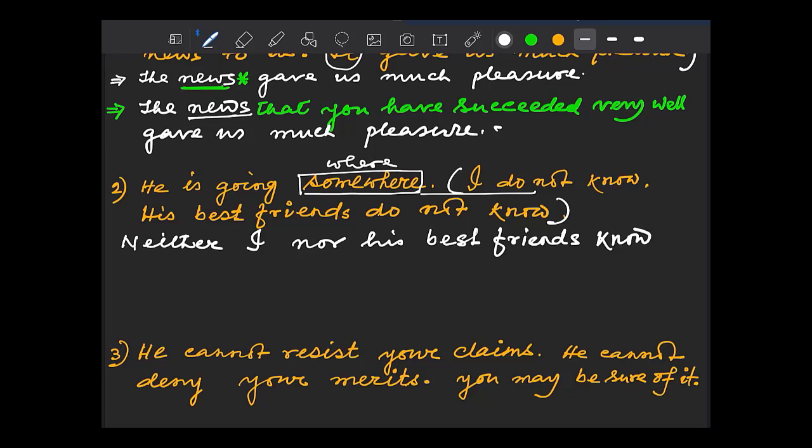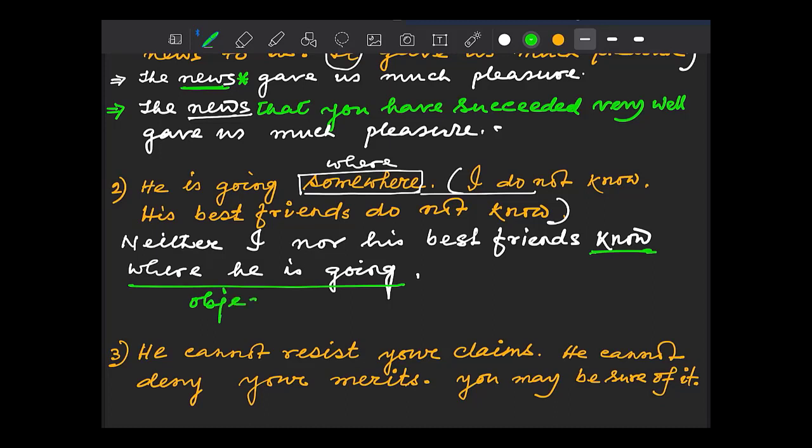Done. These two parts are combined, and the rest is where he is going. Know where he is going. Here, know is the verb, and where he is going is the object. Noun clause used here as an object to the verb know.